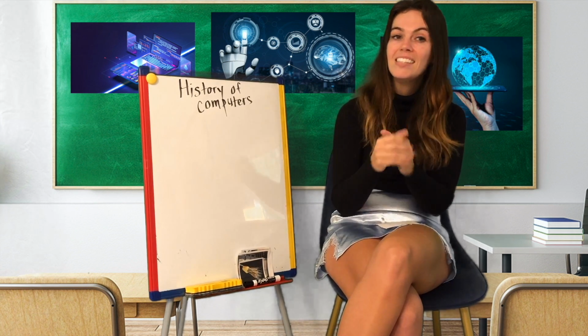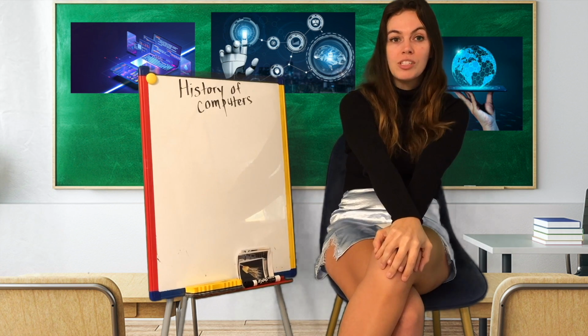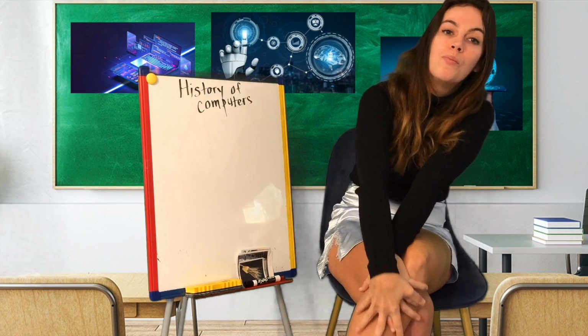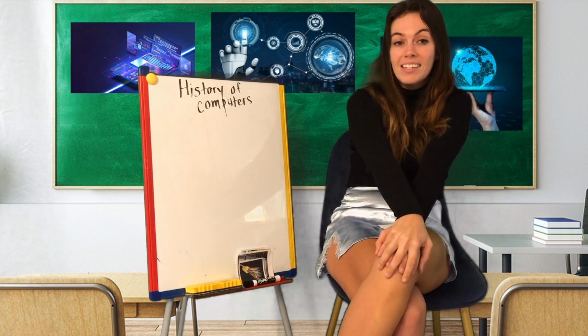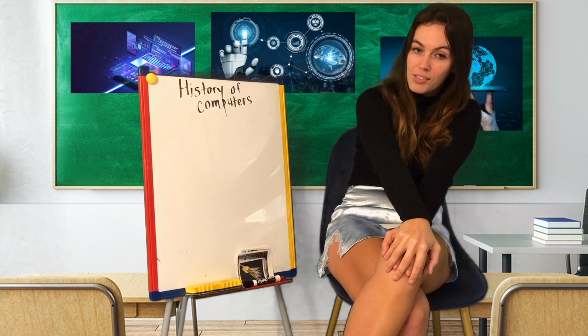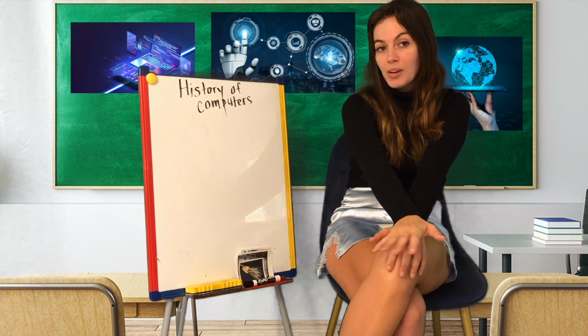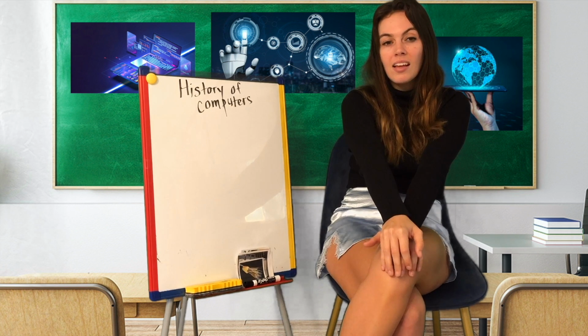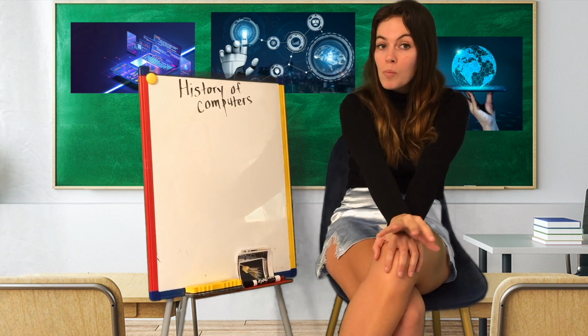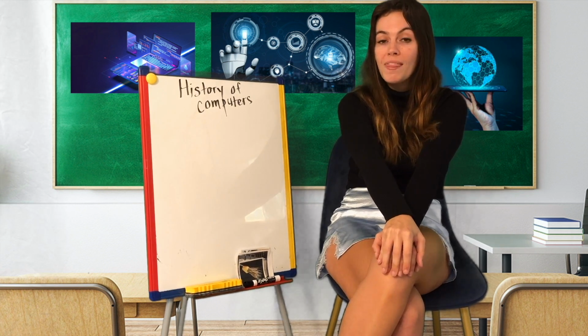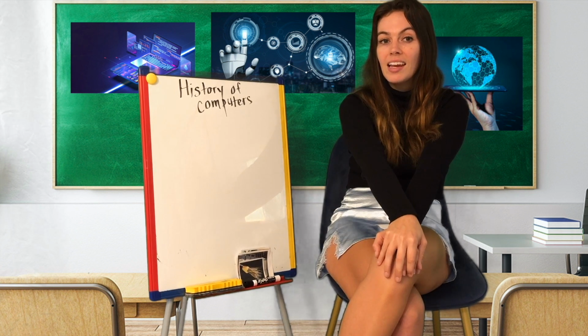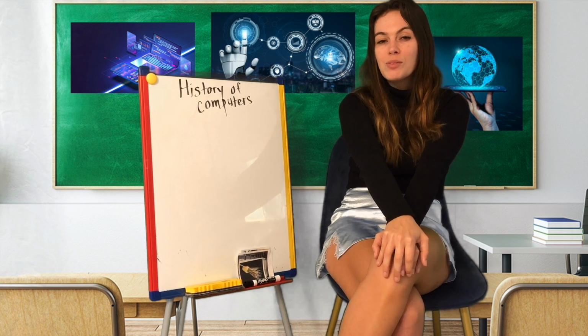In the 1980s, IBM's version of the PC was introduced, and in 1981 it included Microsoft's MS-DOS operating system, and the first portable computer cost $1,795, and this was introduced in 1981 by Adam Osborne.